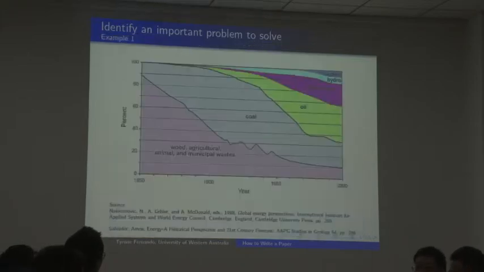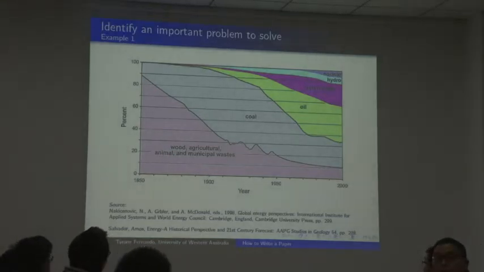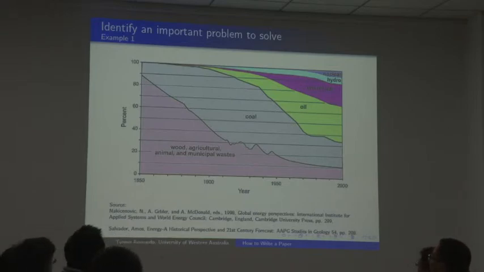All right, so I'm going to give you a couple of examples on identifying an important problem. This picture shows the energy sources that we have relied on in the past. On the horizontal axis we have time, from 1850 to 2000, and on the vertical axis we have the percentage.